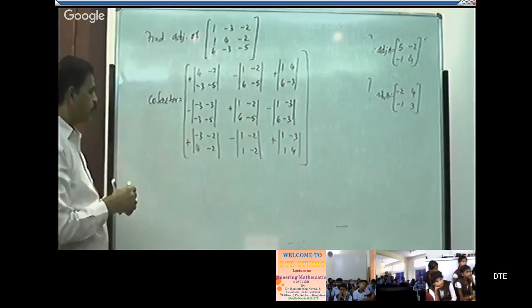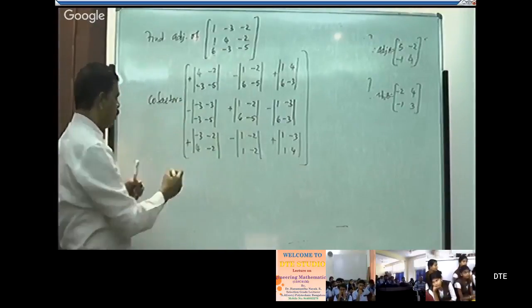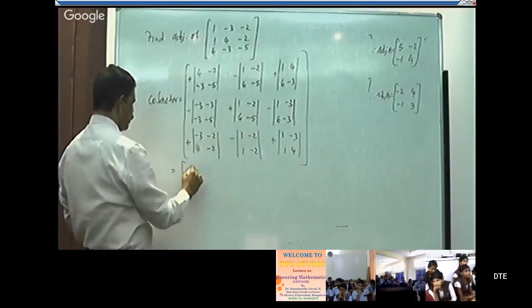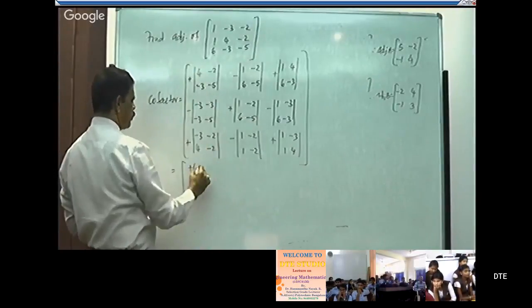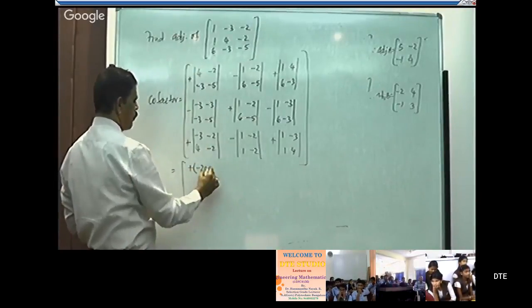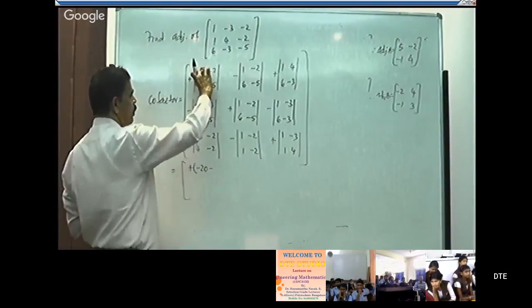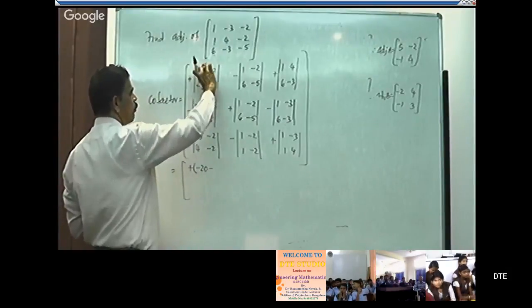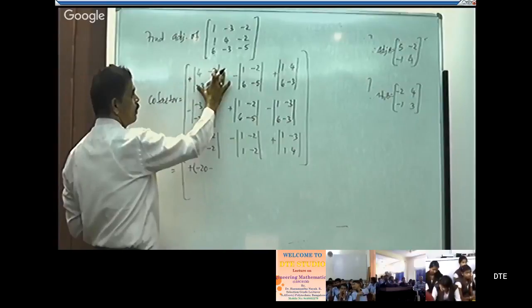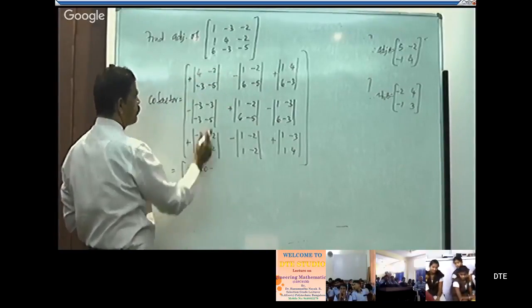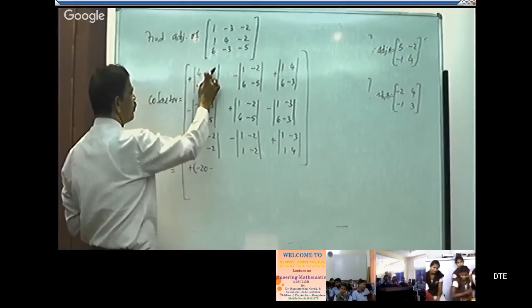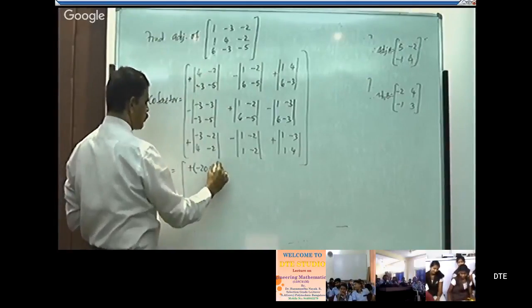Now expand the determinants. That is equal to plus of plus 4 into minus 5, it is minus 20. Formula: expansion of a determinant is the product of principal diagonal elements minus the product of secondary diagonal elements. Minus into minus plus, 3 2s are 6.